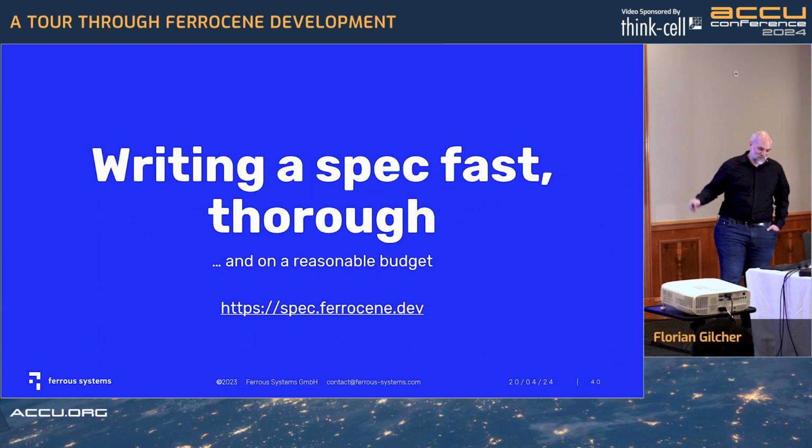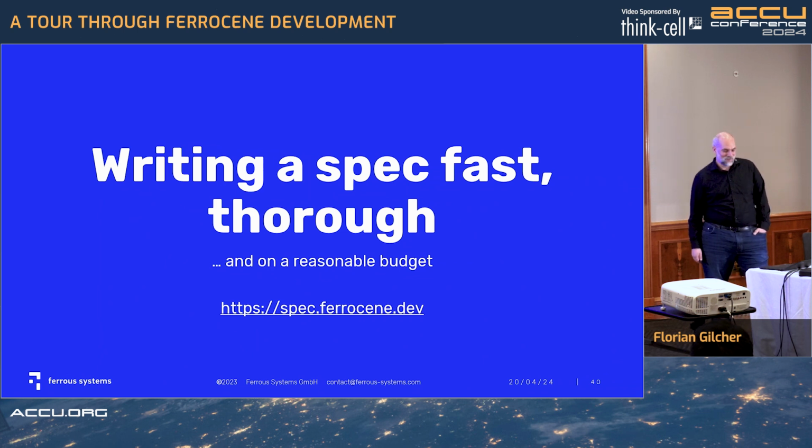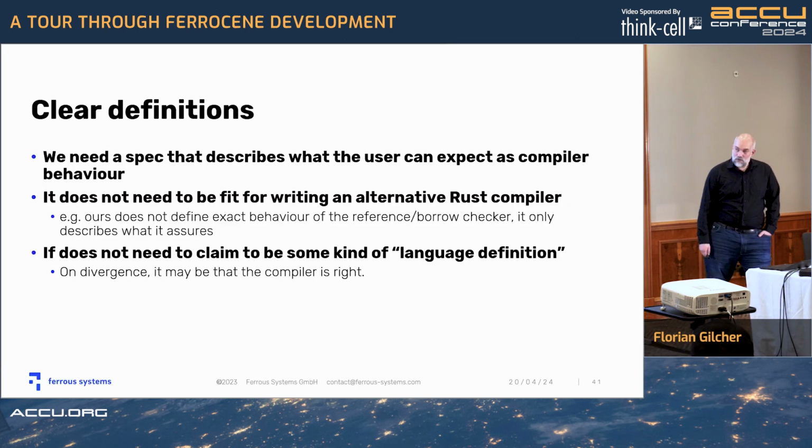The on a reasonable budget is the biggest problem here. The fast is also, well, we want to get done at some point. So one of my ongoing discussions for the last 2 years in the Rust environment, and this is something that I find much more understanding in older industries and the C and C++ environment, is specs and specs are two different things.